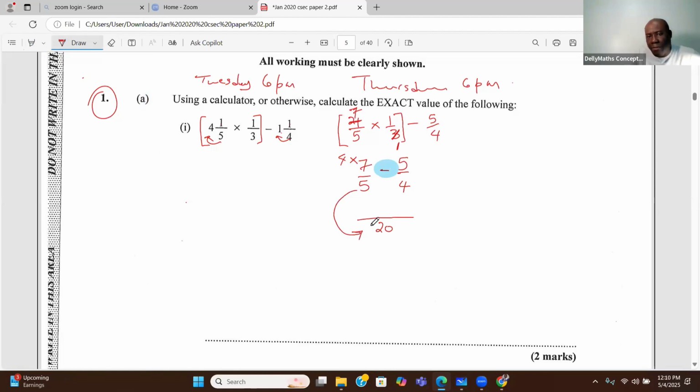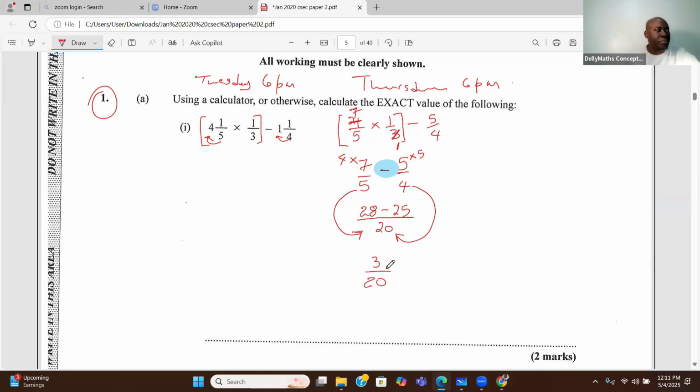And then 4 times 7, that's 28. The 4 into the 20, that's 5 times. 5 times 5 on top will give you 25. And here you're going to subtract 28, subtract 25, you're going to get 3 over 20.